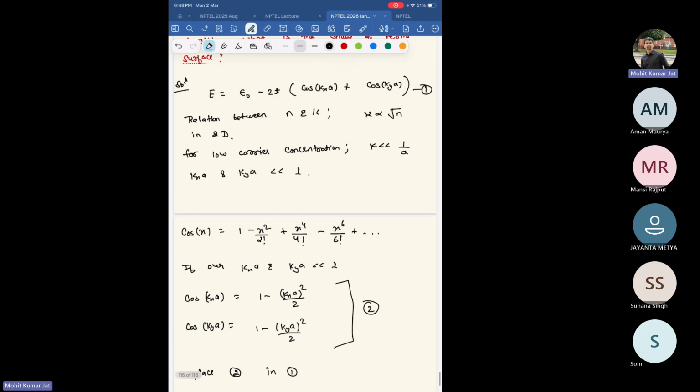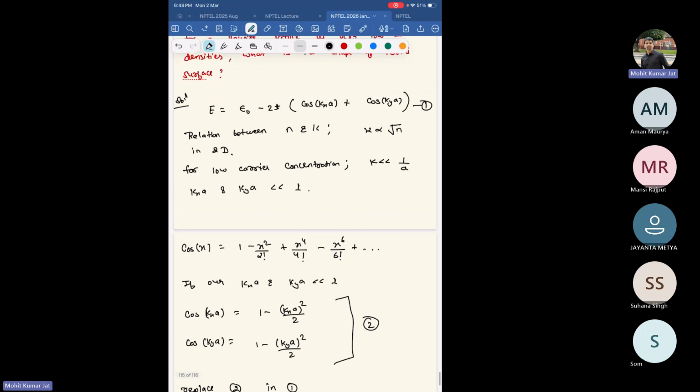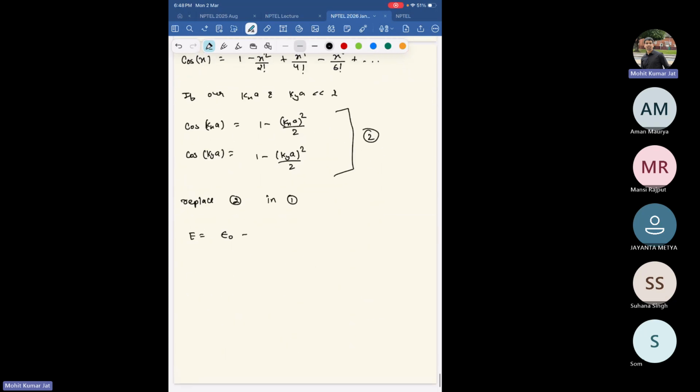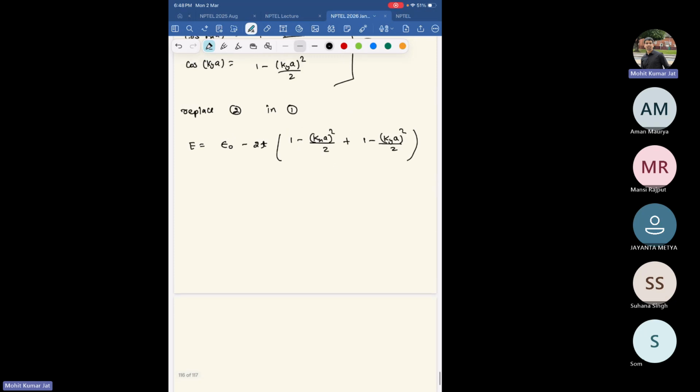So what we get is E is equal to E naught minus 2t [1 minus kxa square by 2 plus 1 minus kya square by 2], which is equal to E naught minus 2t.